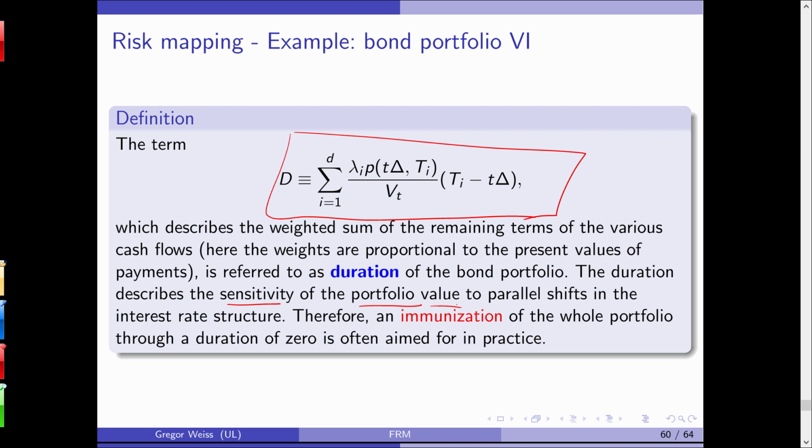In other words, it's the derivative of the value and the price of the bond with respect to changes in the interest rate, assuming the interest rate can only go up and down in parallel shifts. And you can try to hedge your portfolio by trying to get a duration of 0. If you have a duration of 0, you know that your portfolio has no sensitivity to changes in interest rates. Then ideally, this portfolio would be hedged.